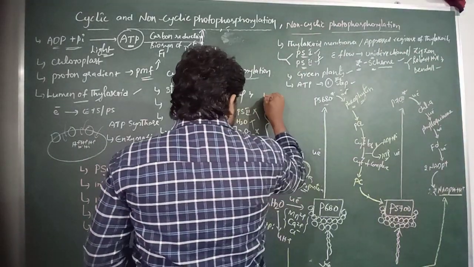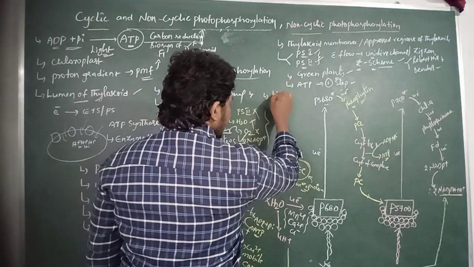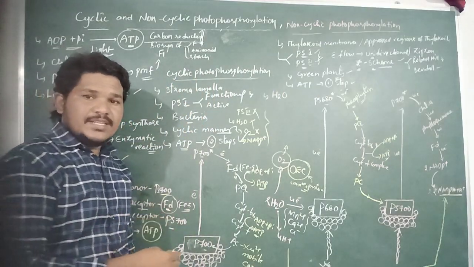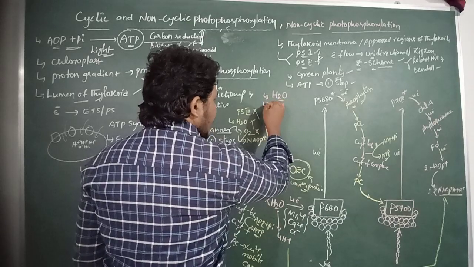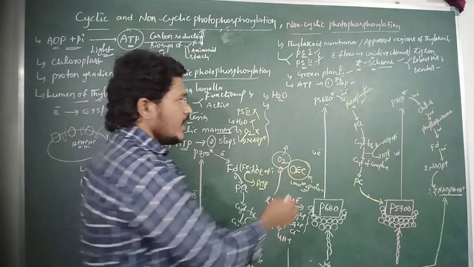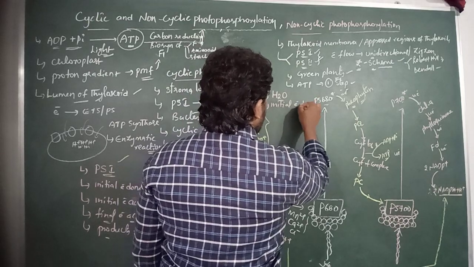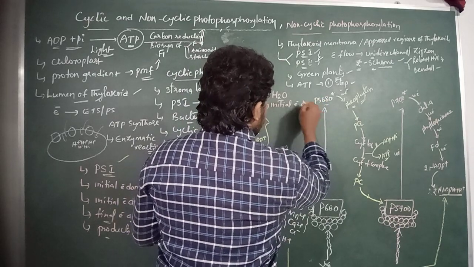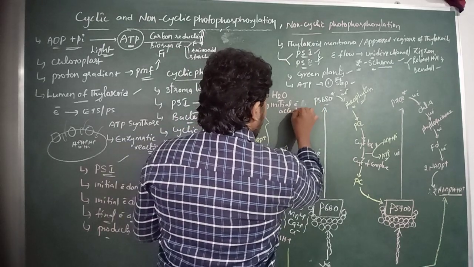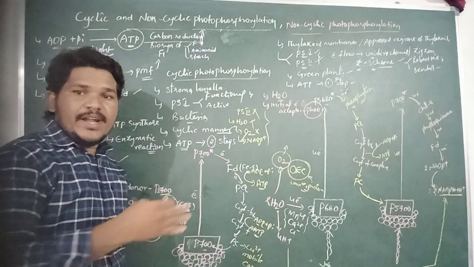The initial electron donor in the non-cyclic photophosphorylation is the water molecule, and the initial electron acceptor, in PS2, is pheophytin, which is a modified chlorophyll.